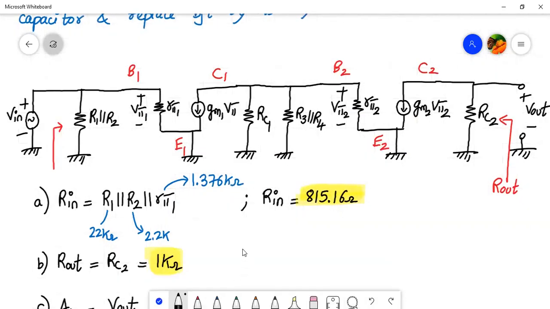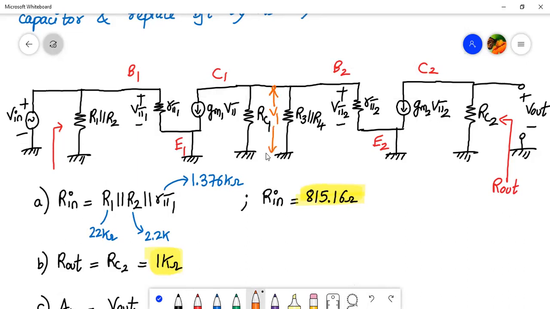So what we will do is we'll mark one extra voltage over here, let me use a different color, orange color. Let me mark this point as V1, because this V1 is the output of the first stage and the input of the second stage, right?